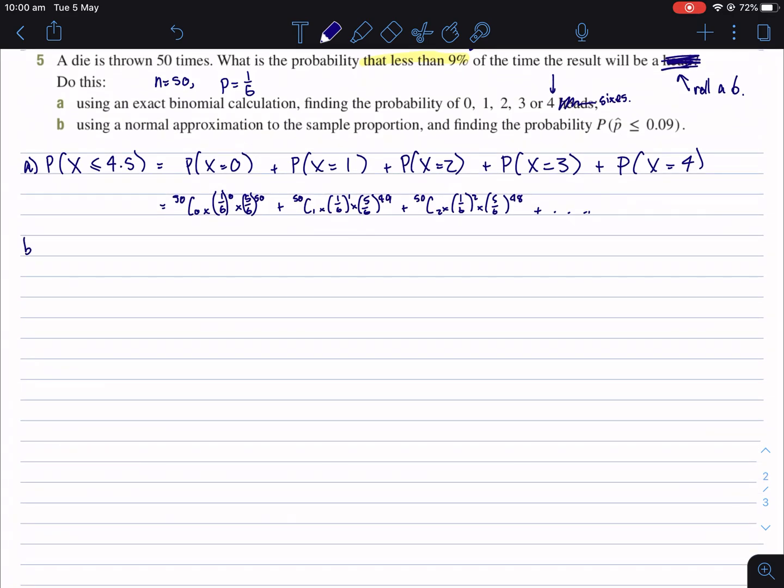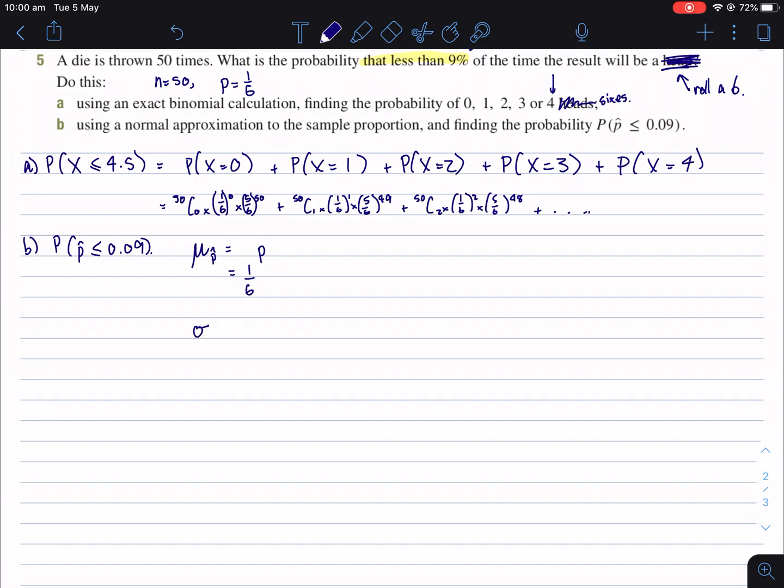Okay, question B. Using a normal approximation to the sample proportion, find the probability that P-hat is less than or equal to 0.09. So the mean of the sample proportions, we can safely say, is P, which is 1 in 6. We can't say it's NP because it's just a sample proportion.